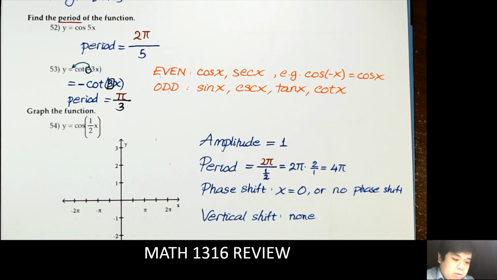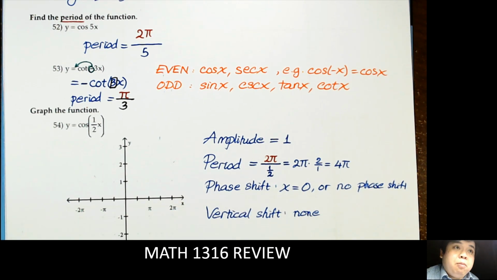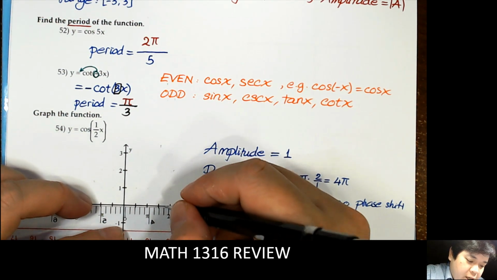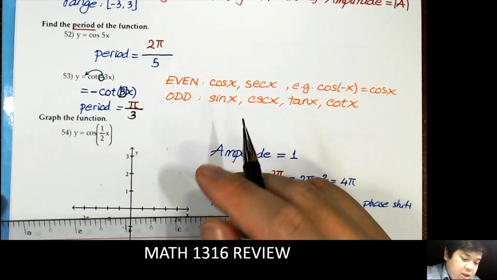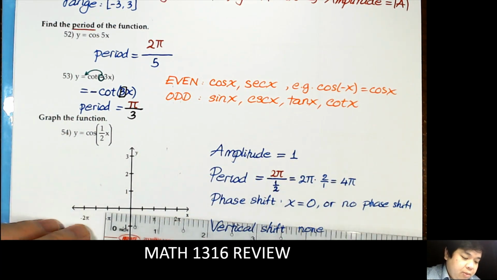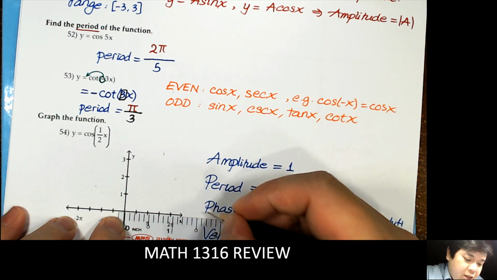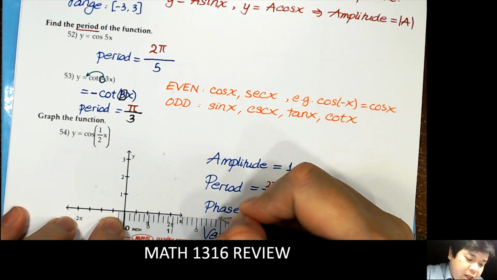Right. The period is 4 pi. So the scale is bad here, very bad. If that is 2 pi, trying to measure the same thing, so let's see. That is almost 1 inch. So that would be about here.